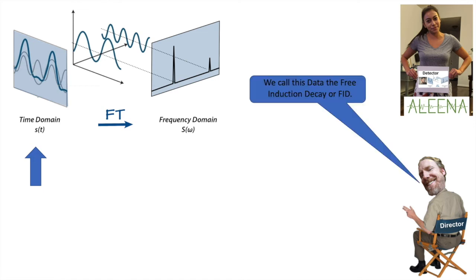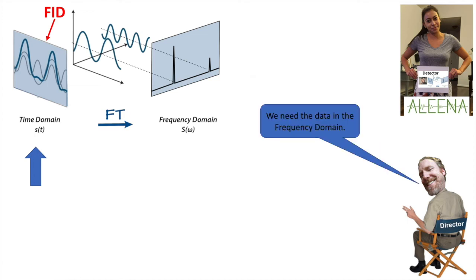We call this data the free induction decay, or FID, because those high energy beta spin states of the hydrogens freely decayed to lower energy alpha spin states. So that's the FID. You can't really look at that and understand what molecule you have. That's not really a spectrum you can look at and go, oh yeah, it looks like I got this and that in the molecule. We need the data in the frequency domain over here.